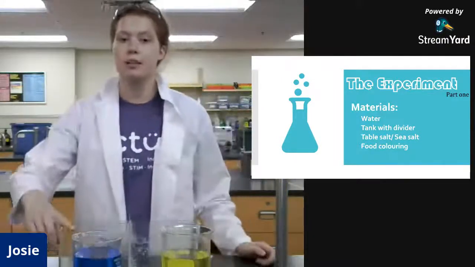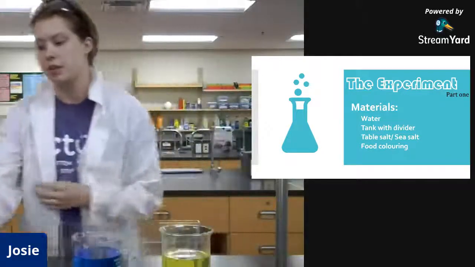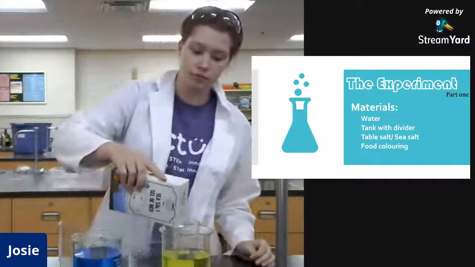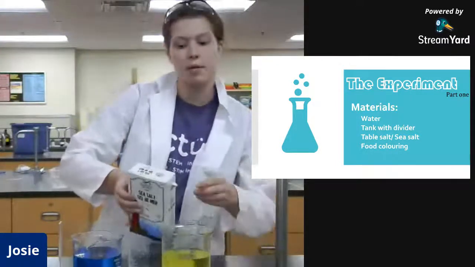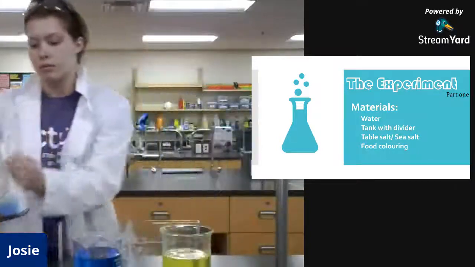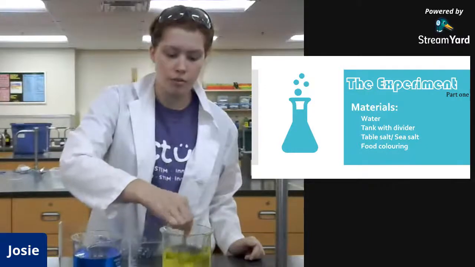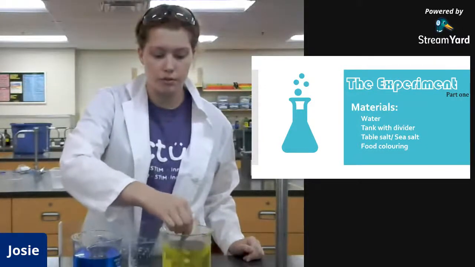The blue is going to act as my fresh water, and the yellow is going to act as my salt water. So I'm just going to go ahead and add some sea salt to it. We want to add a lot because this is mimicking seawater. And seawater is a lot saltier than some people think. So I'm just going to give that a stir until most of the salt is dissolved.